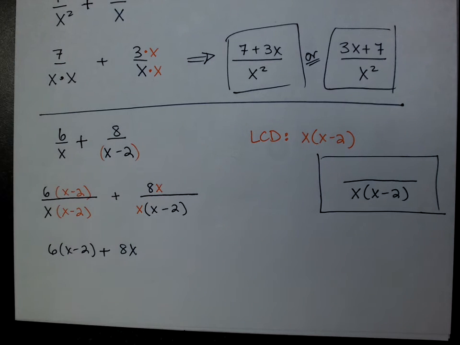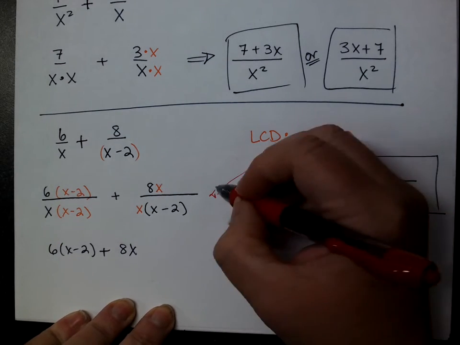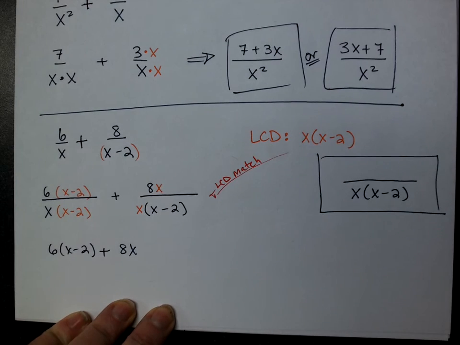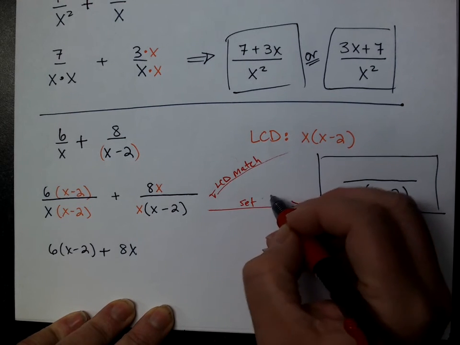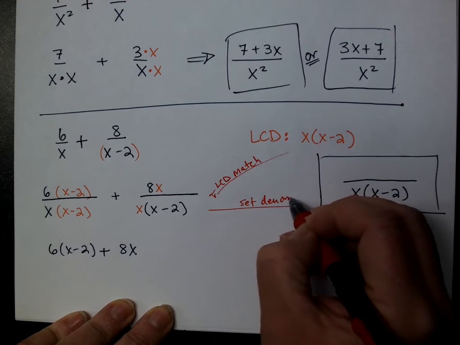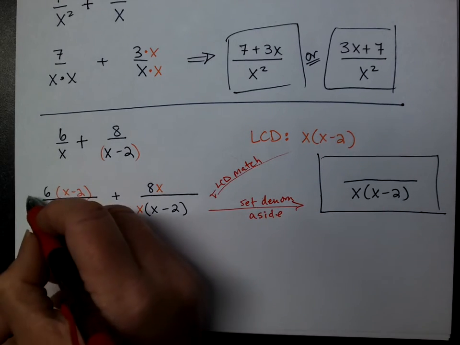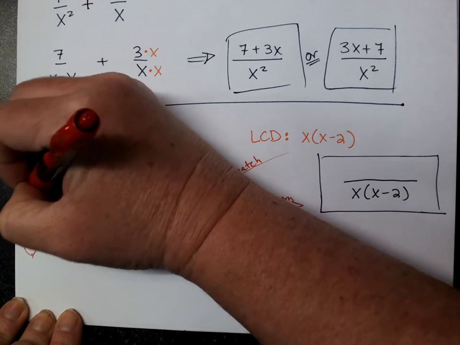What I did here is I made my LCDs match. Okay? I made my LCDs match. And once I made my LCDs match, then I set the denominator, the LCD, aside. And I then clean up my numerator.